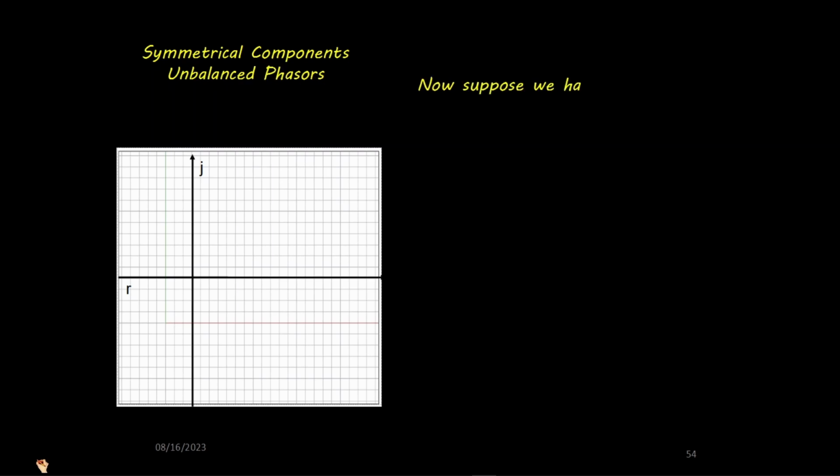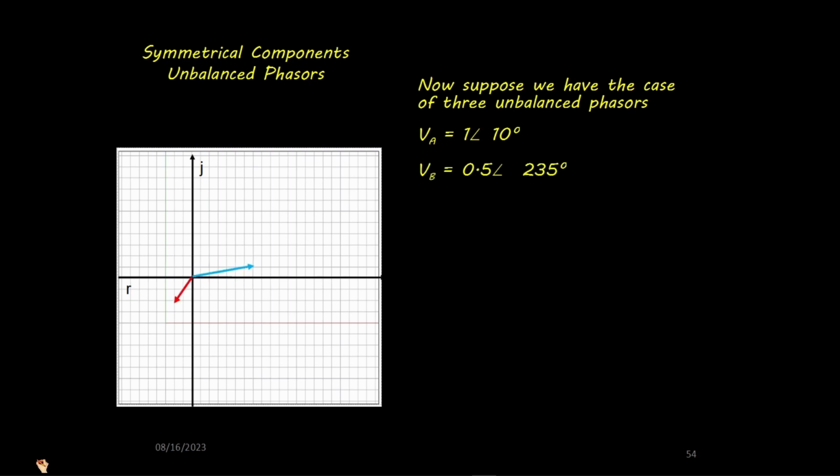Now suppose we have the case of three unbalanced phasors. VA equals 1 at 10 degrees. VB equals 0.5 at 235 degrees. VC equals 1.5 at 135 degrees.